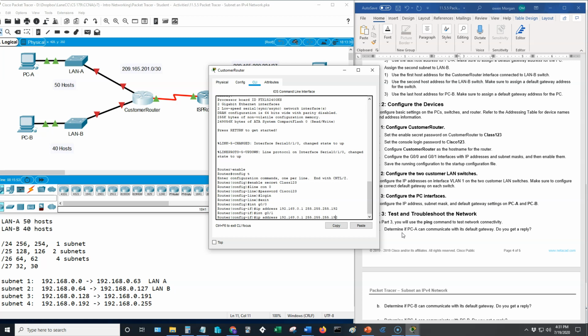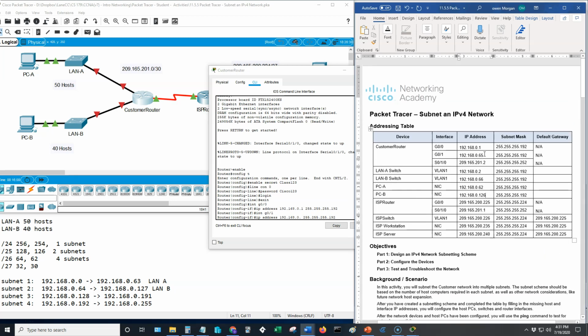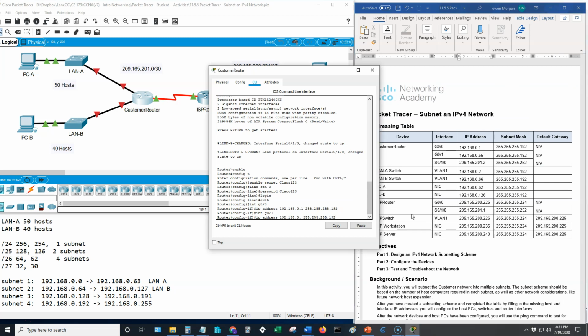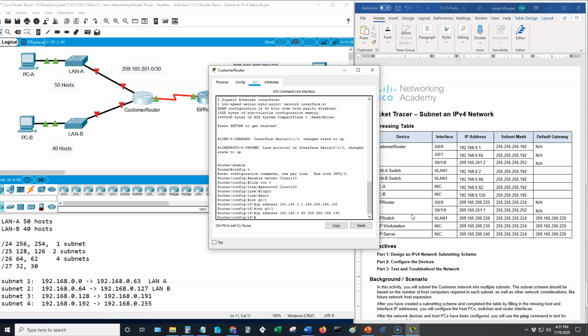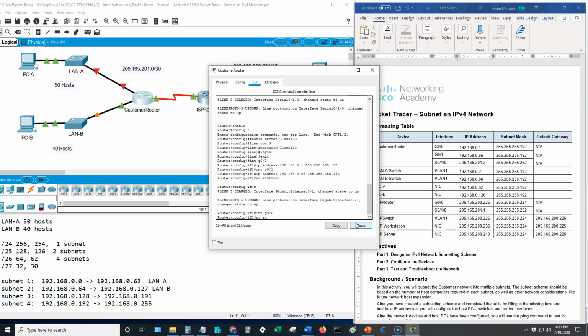And we'll do the same thing here, except it's going to be, let me check my notes. This is going to be the .0.65 address. Oh, let's see, things I forgot about. Let me turn the interface on. And let's go back to the other interface and go no shutdown.